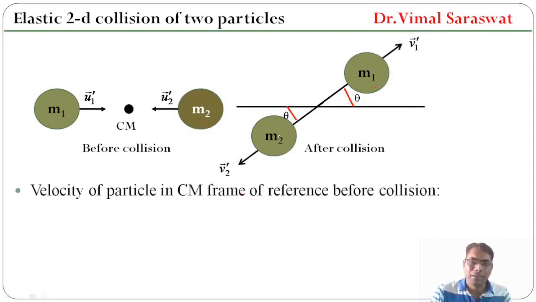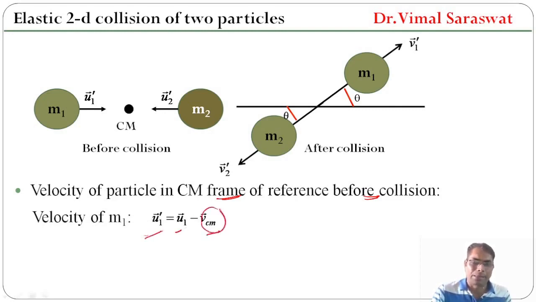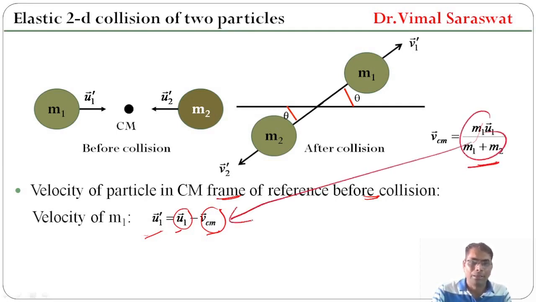Velocity of particle in center of mass frame of reference before collision. So velocity of particle of mass m1 in center of mass frame of reference before collision is u1 dash equal to u1 minus vcm. This vcm is the velocity of center of mass, and u1 is the velocity of particle of mass m1 in laboratory frame of reference. Since vcm is m1 u1 upon m1 plus m2, we put this value here.